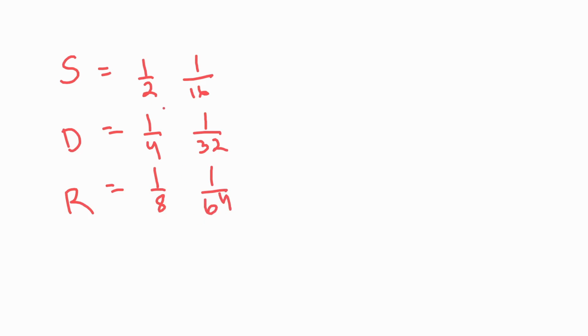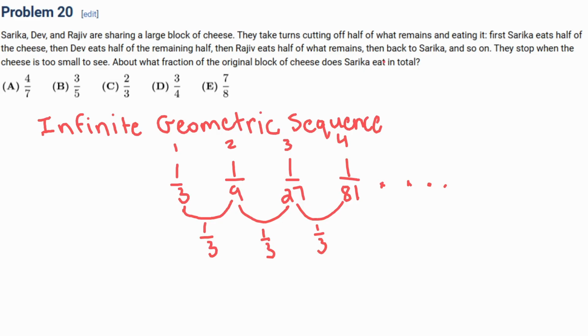Here we notice that this is clearly an infinite geometric sequence because the problem specifically states "and so on," meaning they never end. I mean, they do stop when the cheese is too small to see, but technically you can still keep that as infinite because you don't know what too small to see is. So it is still an infinite geometric sequence.